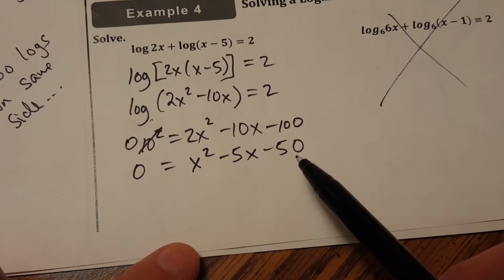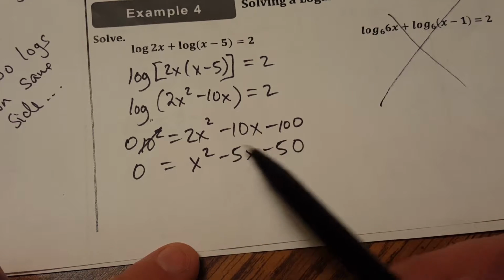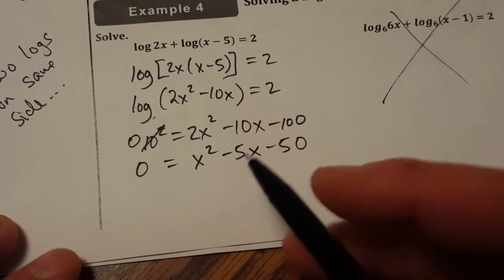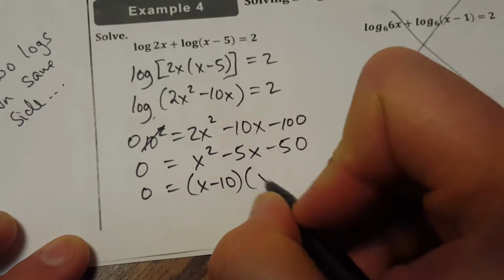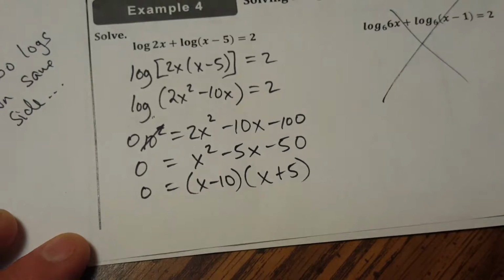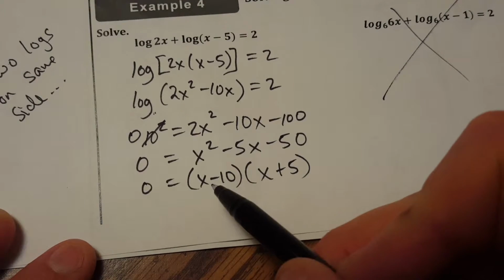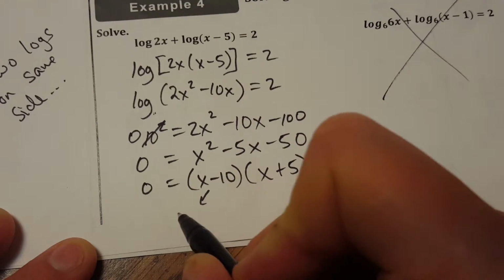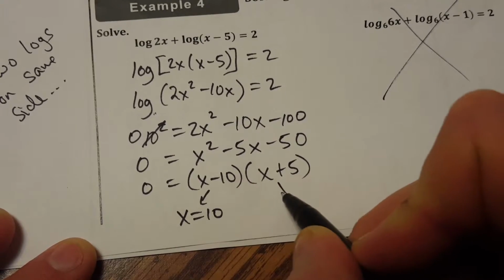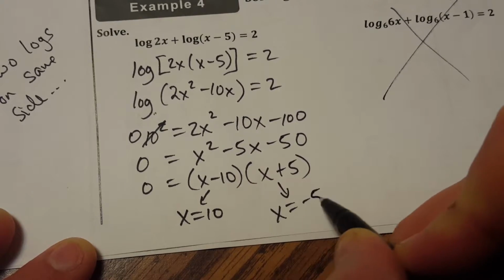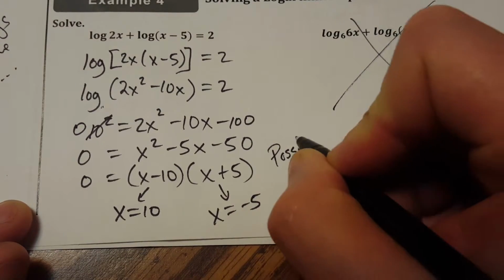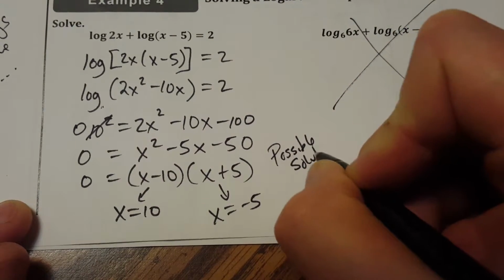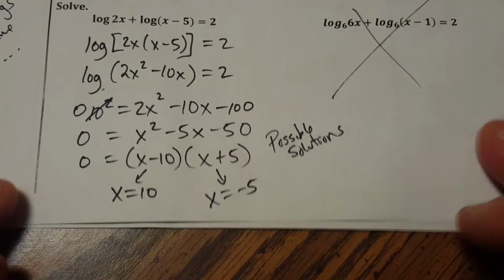So things that multiply to negative 50 and add to negative 5 would be negative 10 and positive 5. And zero product property tells me that x will be 10 and x will be negative 5. But these are only possible solutions. They're not guaranteed, because I do need to check for extraneous solutions.